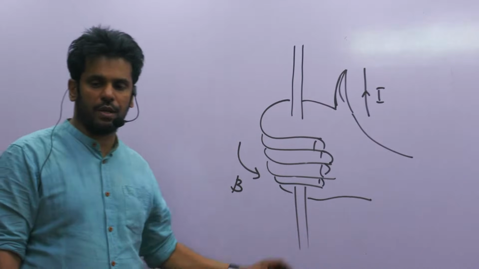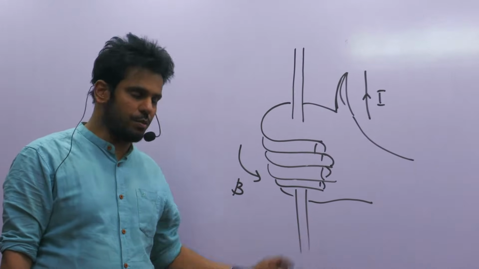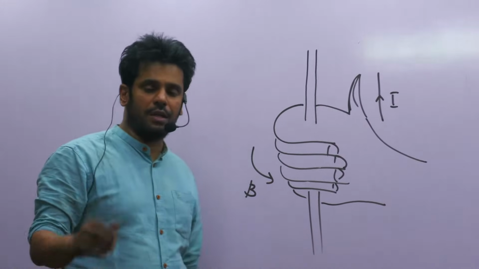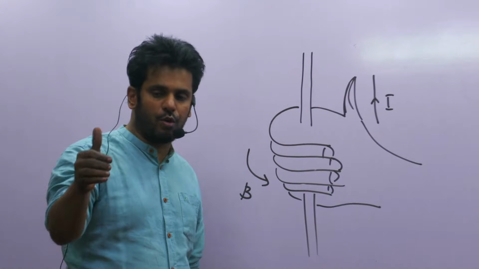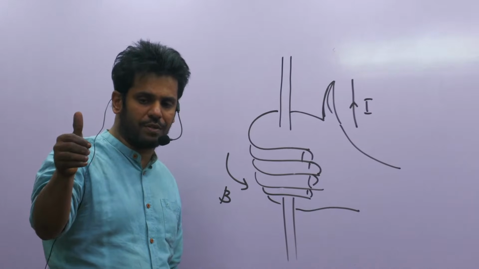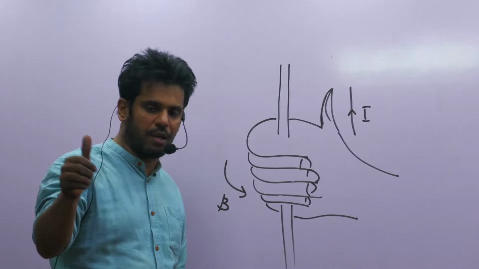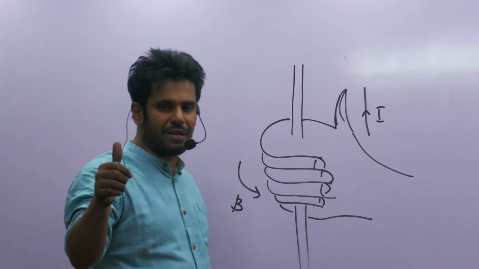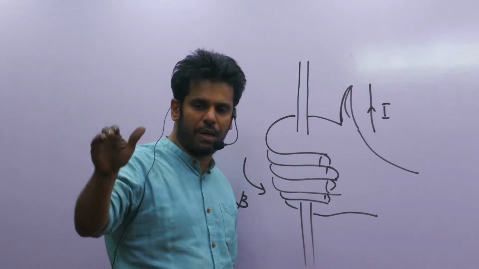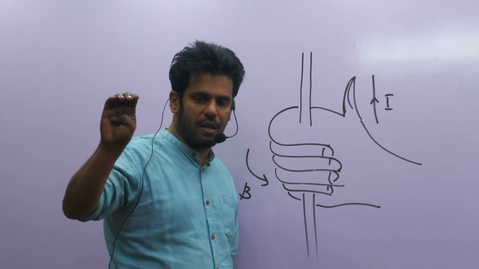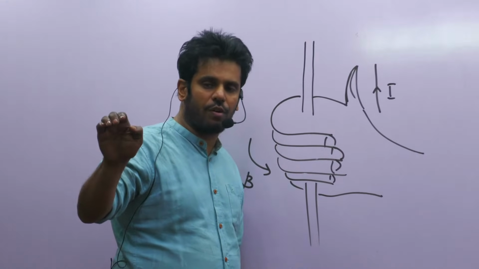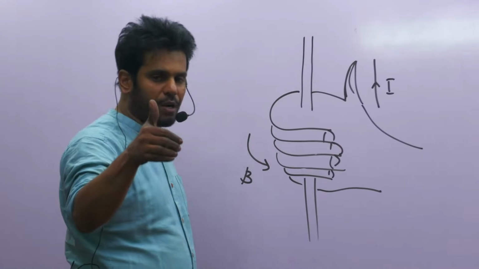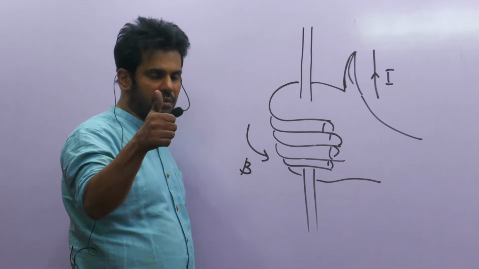So this is very important. Listen to me. In this theorem you can change these two quantities. I mean, if you want to represent the direction of magnetic field by using other fingers, at that time direction of current is given by direction of thumb.